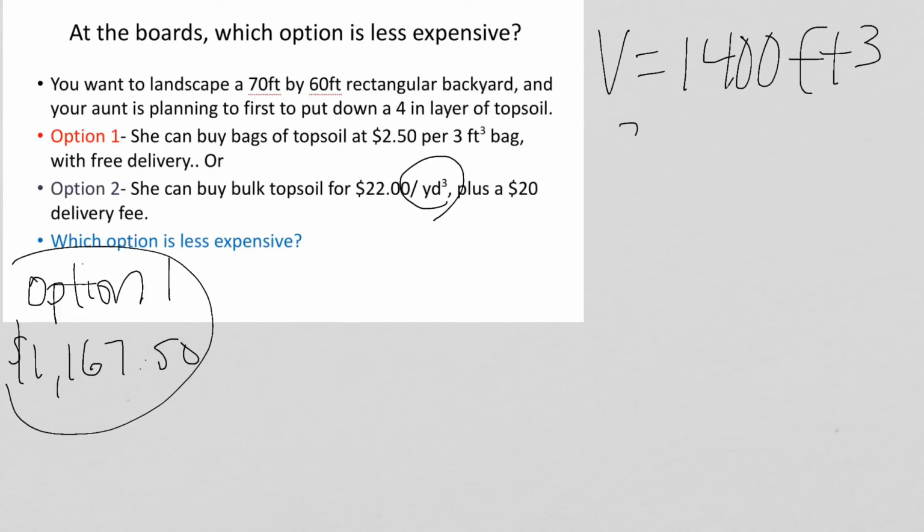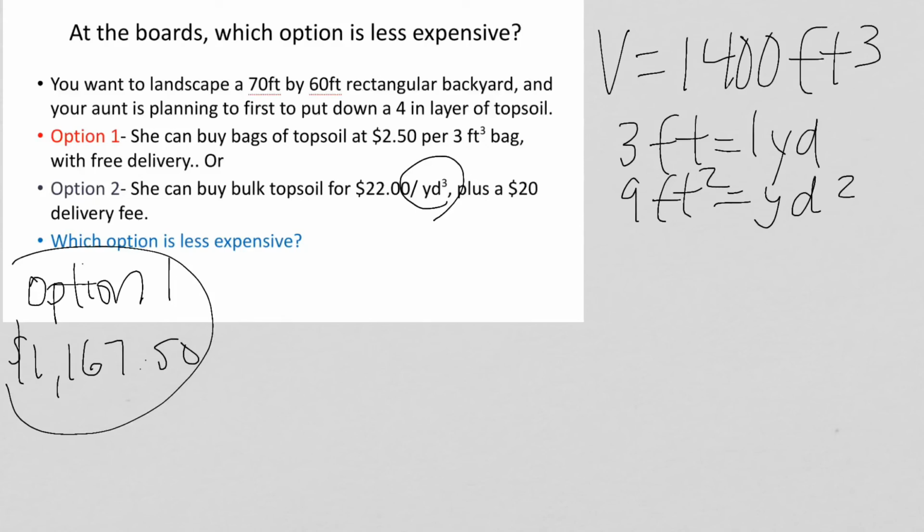So let's remember that 3 feet is 1 yard. 9 feet squared would be yard squared. And then 27 feet cubed would be yards cubed. So we're not only just dividing by 3, we need to divide by 3 to the 3rd, which is 27, to change it into yards cubed.